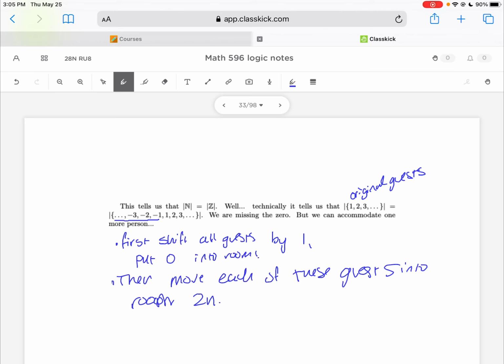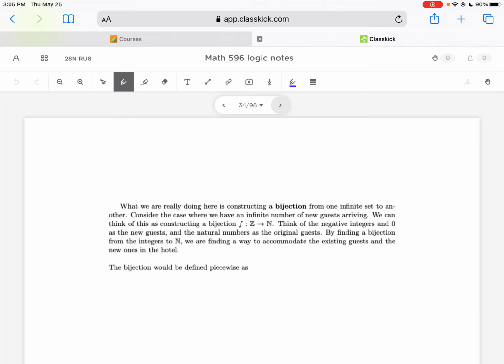Okay, so this at least suggests to us that the size of the natural numbers is equal to the size of the integers. What we really are doing here, in a hand-wavy way, is constructing a bijection from one infinite set to another. So if we're considering the case where an infinite number of new guests have arrived, we can think about this as constructing a bijection from the integers into the natural numbers.